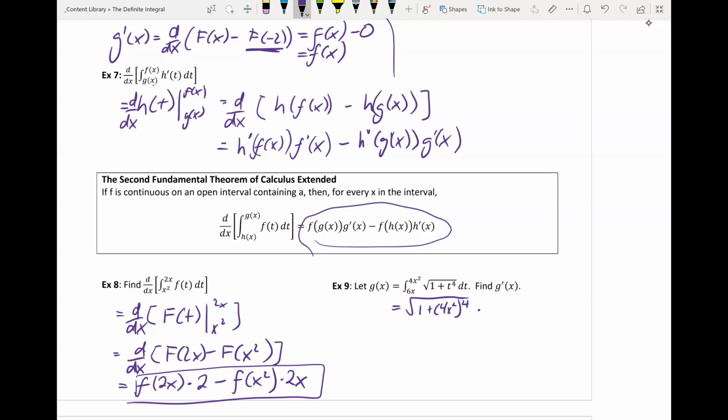Then we'll multiply it by the derivative of 4x squared, which is 8x. Then minus f of h of x. So again, our f is the root of 1 plus, and then our h of x part is 6x. All this will be to the power of 4. Then we'll multiply by the derivative of 6x, which is 6, and that is our final answer.